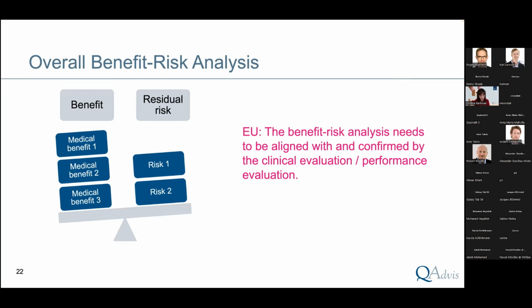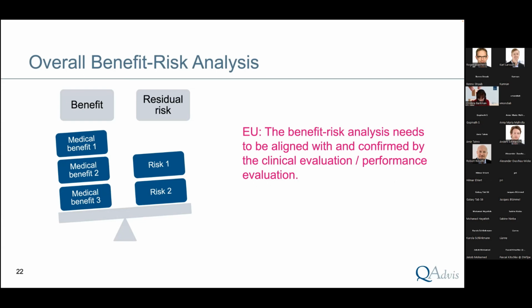So all contributions should be considered. And we'll also determine if the risk has been reduced as far as possible, considering the state-of-the-art techniques and processes. So that's something that the risk management team can do.